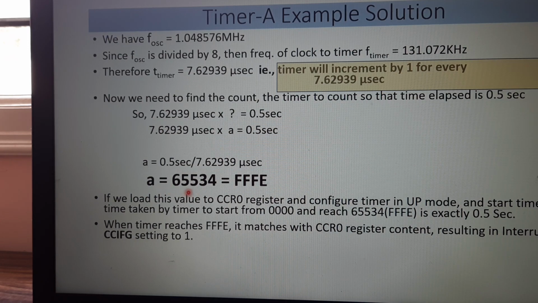So I'll get around 65,534. That means if I increment the timer starting from 0 towards FFFF, when it reaches the value FFFE, the time it gives is 0.5 second.